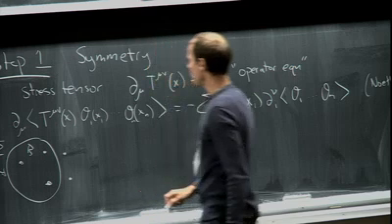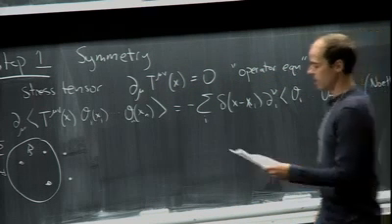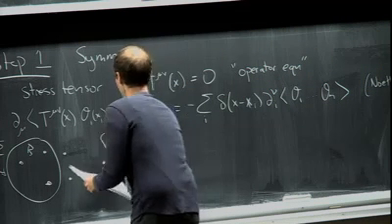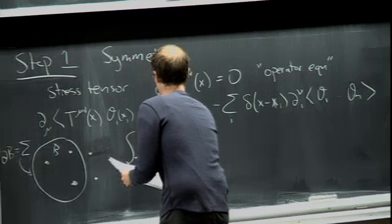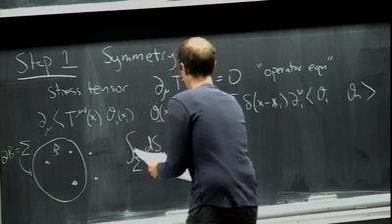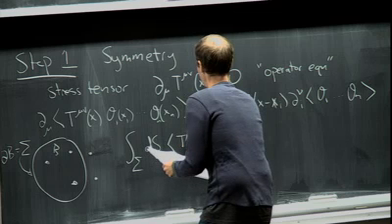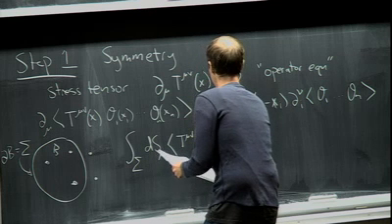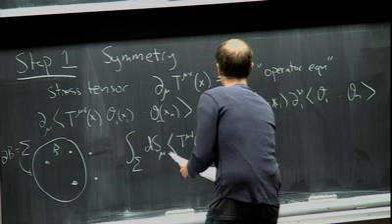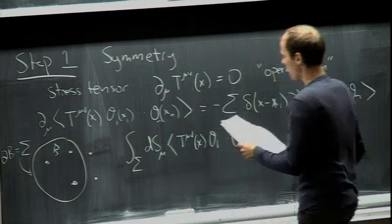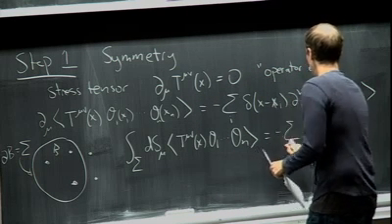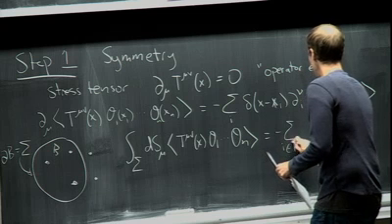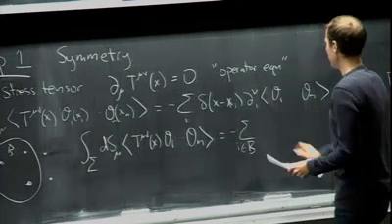Just taking this equation and integrating it over the ball, we get that an integral over sigma of a correlation function of T^{μν} is a sum over operators inside B of derivatives.